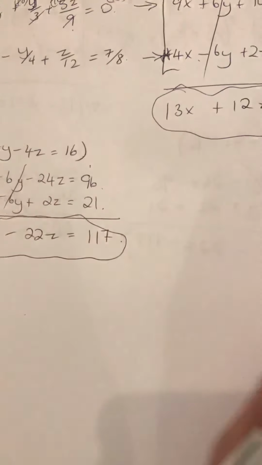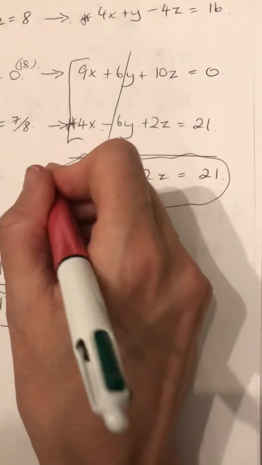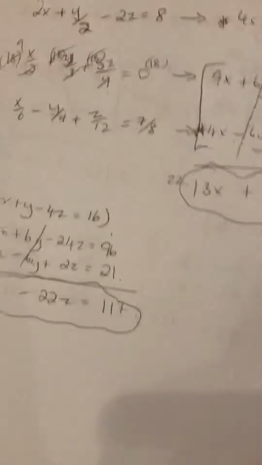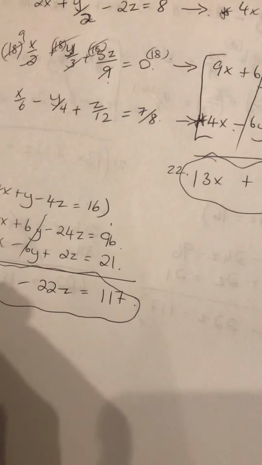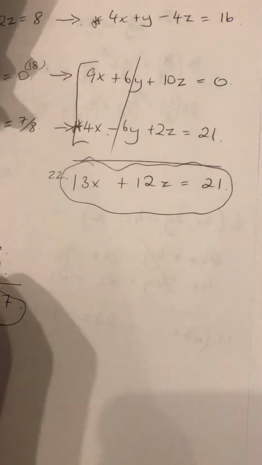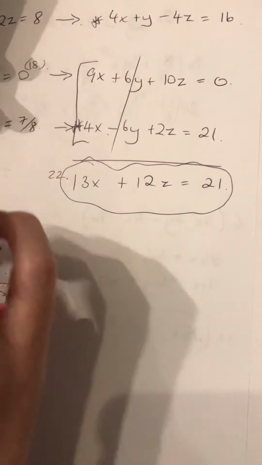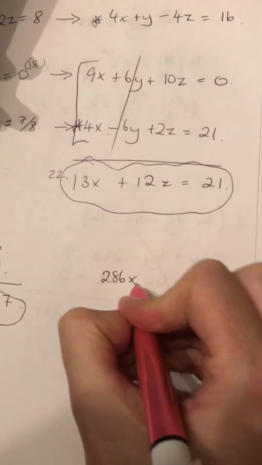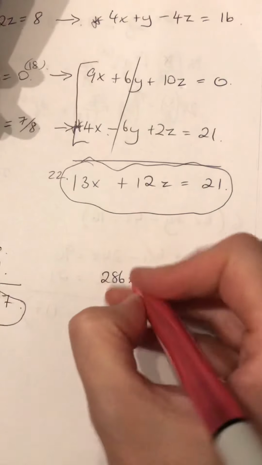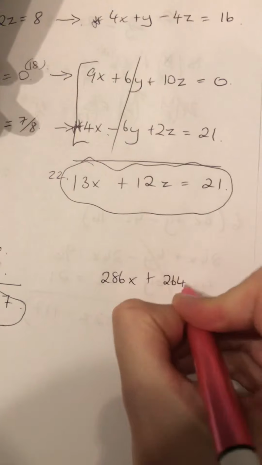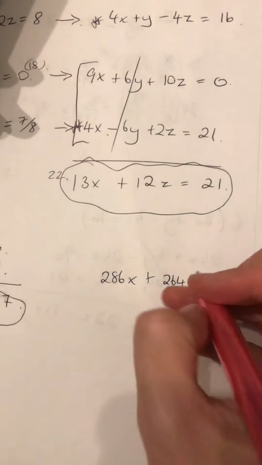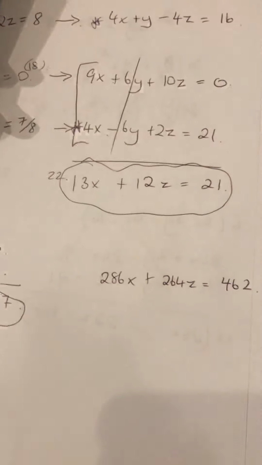Not nice. I'm still going to try and get rid of the z's. So I'm going to multiply this by 22 and I'm going to multiply this by 12. So 22 times 13, we have 286x plus 12 times 22 is plus 264z, and 22 times 21 is 462.